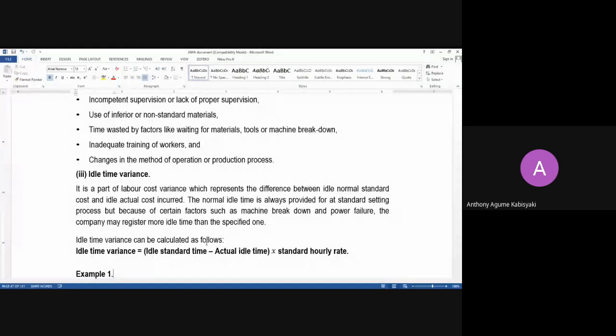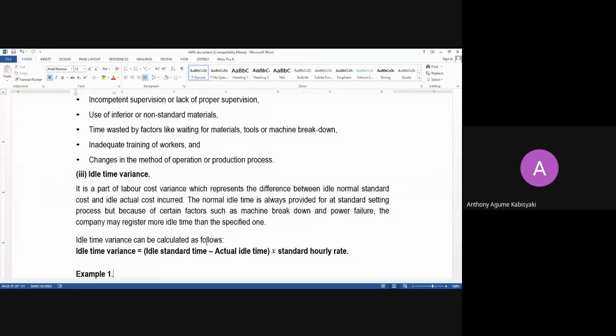The normal idle time is always provided for at a standard setting process, but because of certain factors, such as machine breakdown or power failure, the company may register more idle time than the specified one.